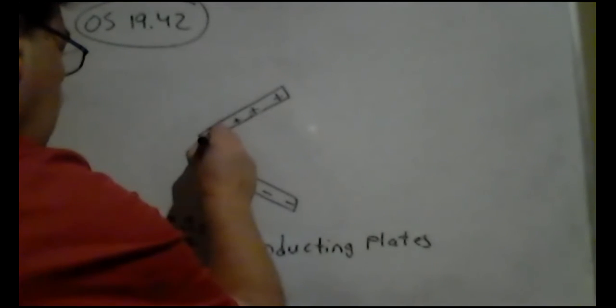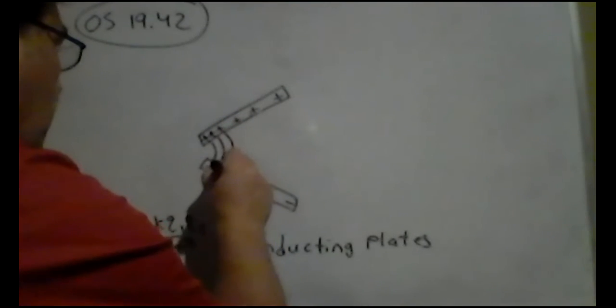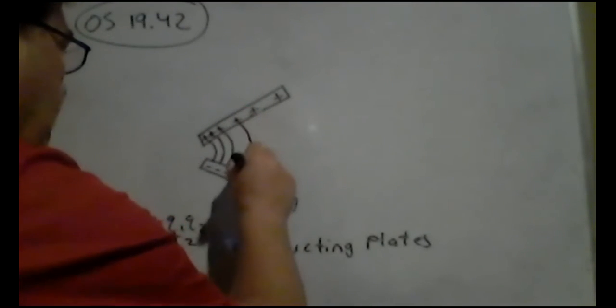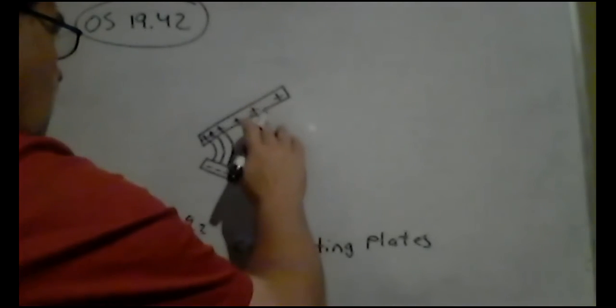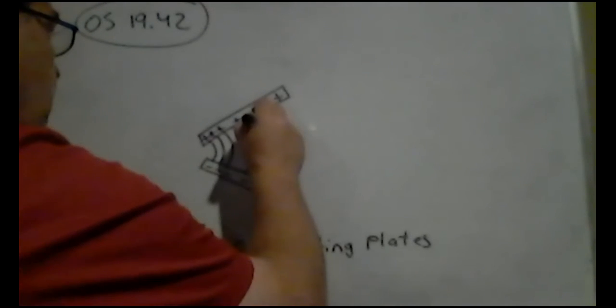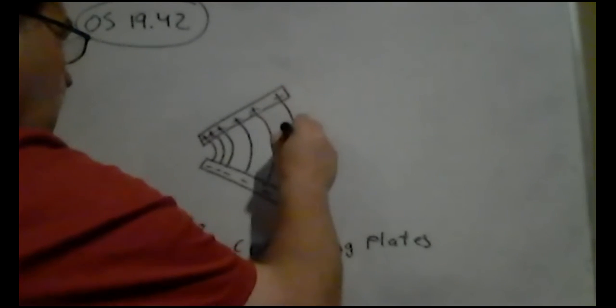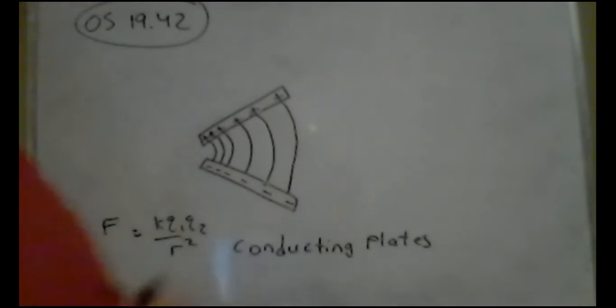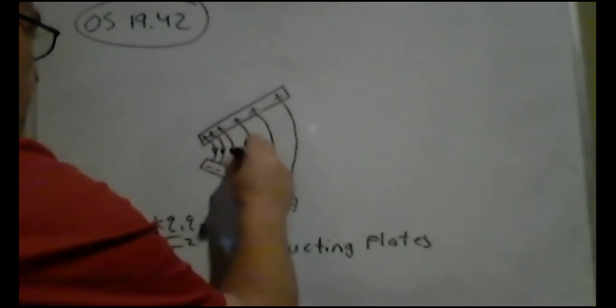And so it's going to look something like this. Oops, not like that. All right, so here are your electric field lines, again starting on a positive and terminating on a negative.